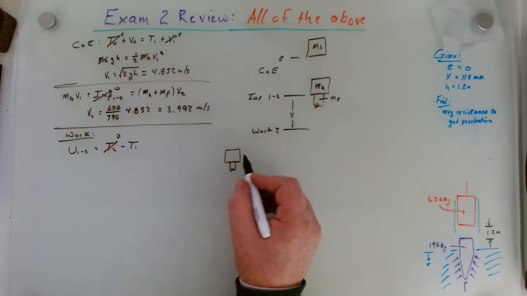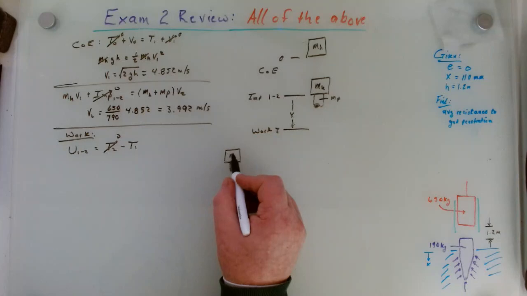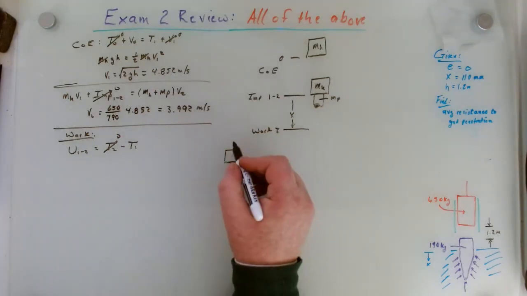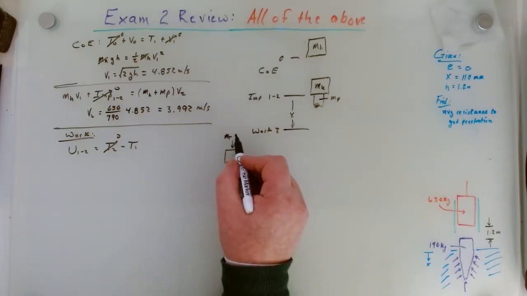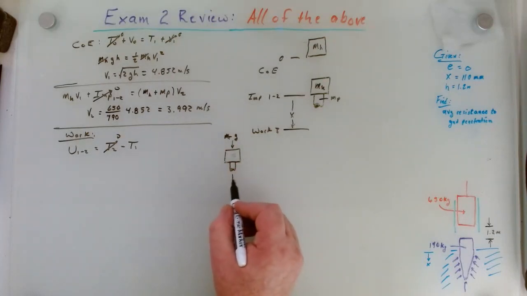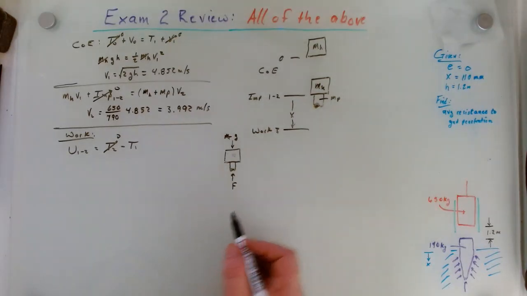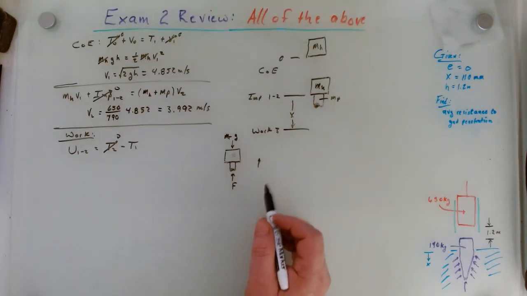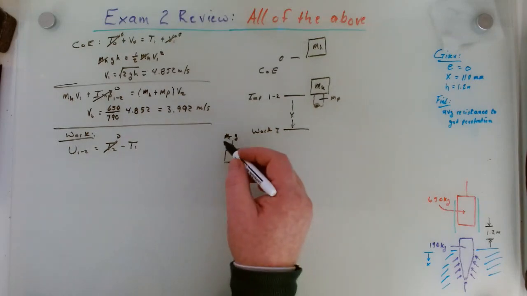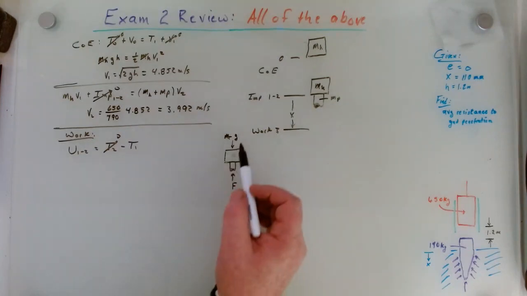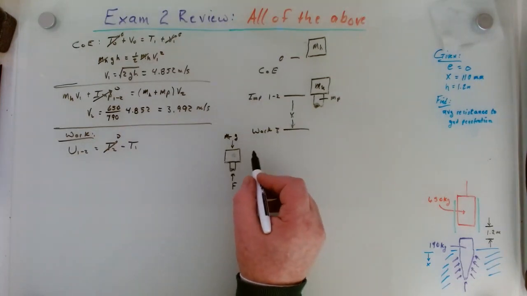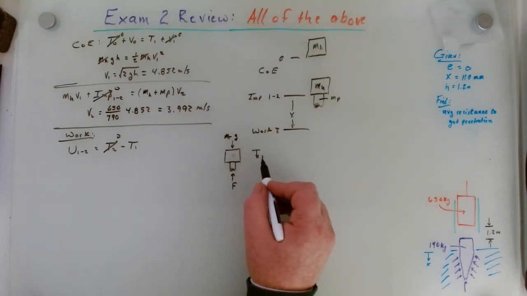Okay, going down we have the weight, so I'm going to put m_T times gravity for the total, and going up is our force of interest. And we need a direction to call positive. Let's call the down direction positive, because the work is being done in the positive direction here.